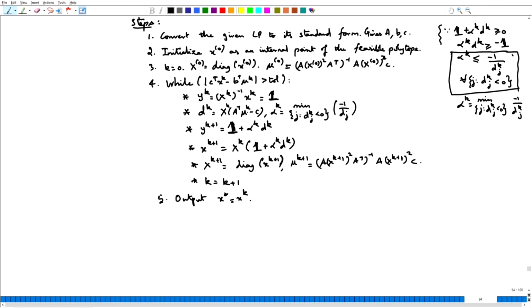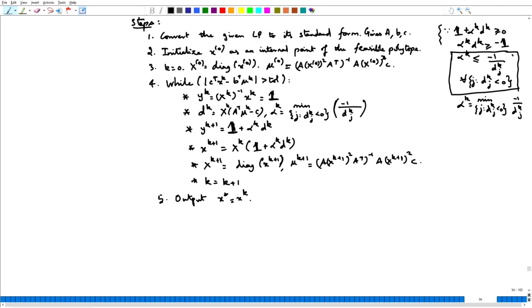The computation of mu is also useful here, please note that. And alpha k is the minimum of minus 1 by d k j. I will correct that too, it is minus 1 by d k j.